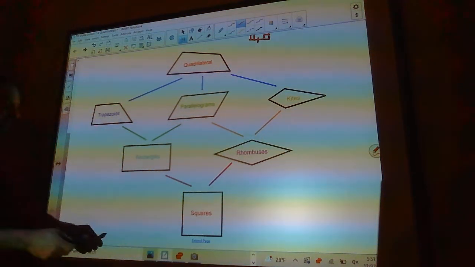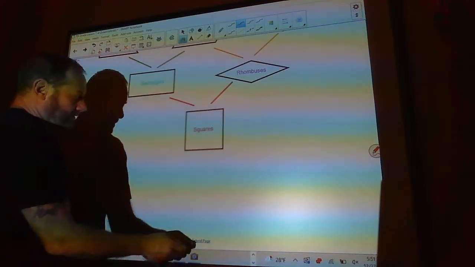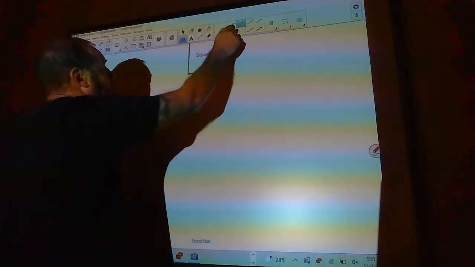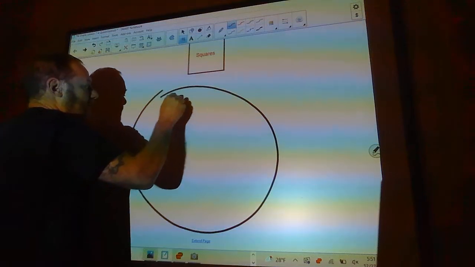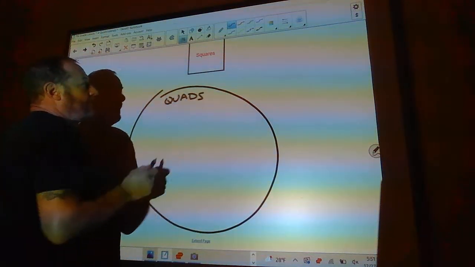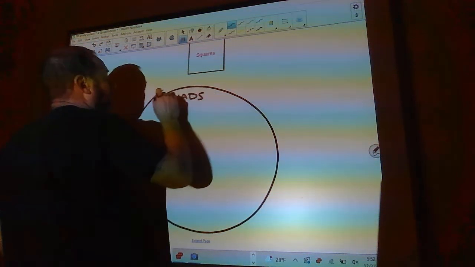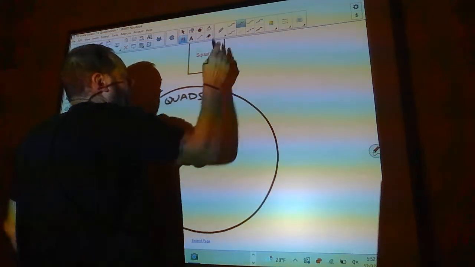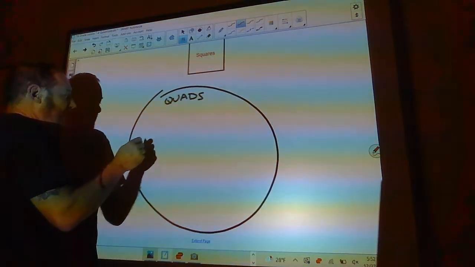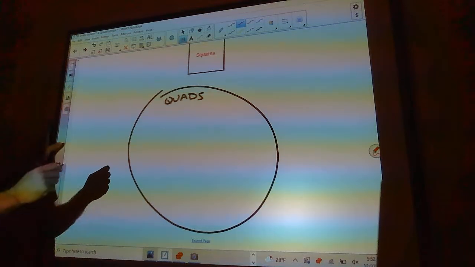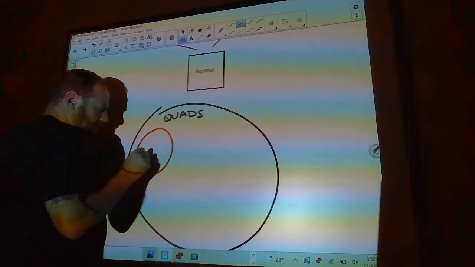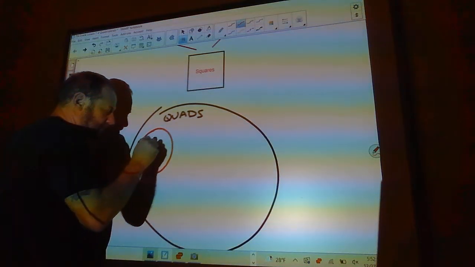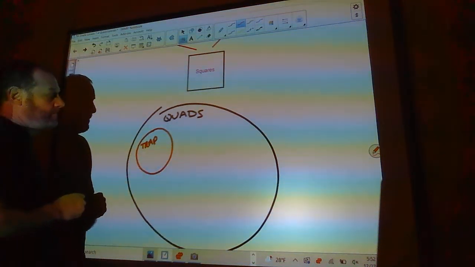You could make a Venn diagram with this, where you had all your quadrilaterals right here. And then some of those quadrilaterals would be, let's see, next we had trapezoids. It's actually a pretty complicated one to draw.